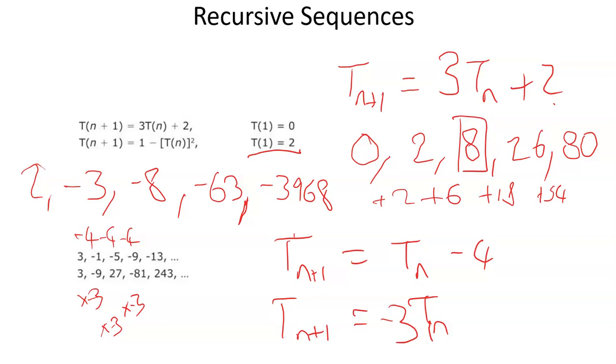And all a recursive sequence means is just saying we've got this formula which uses the last term to work out the next term, which is the term-to-term rule. It's just written more formally as t, the value of the n plus 1 term, the next term, as a function, so as doing a bit of maths on the current term, t of n, wherever you are.